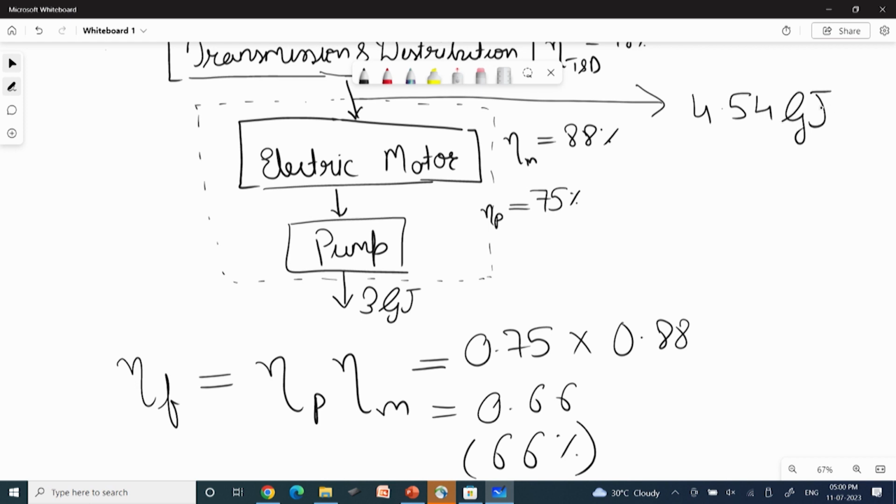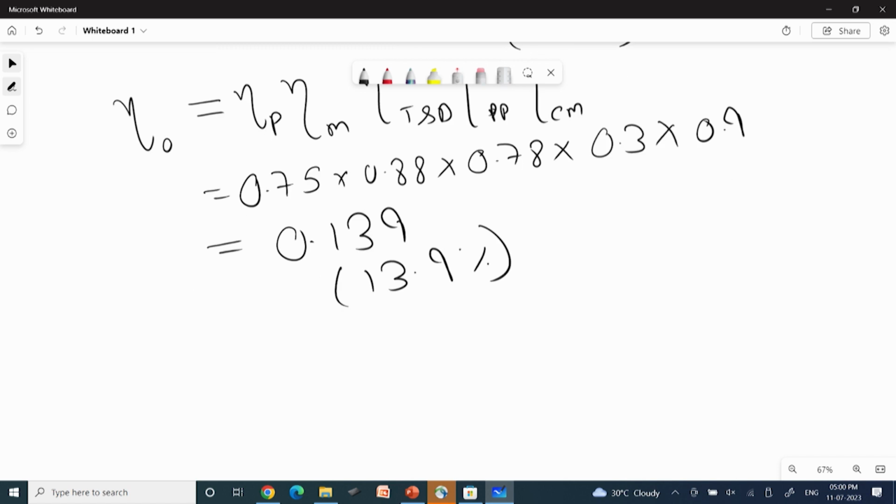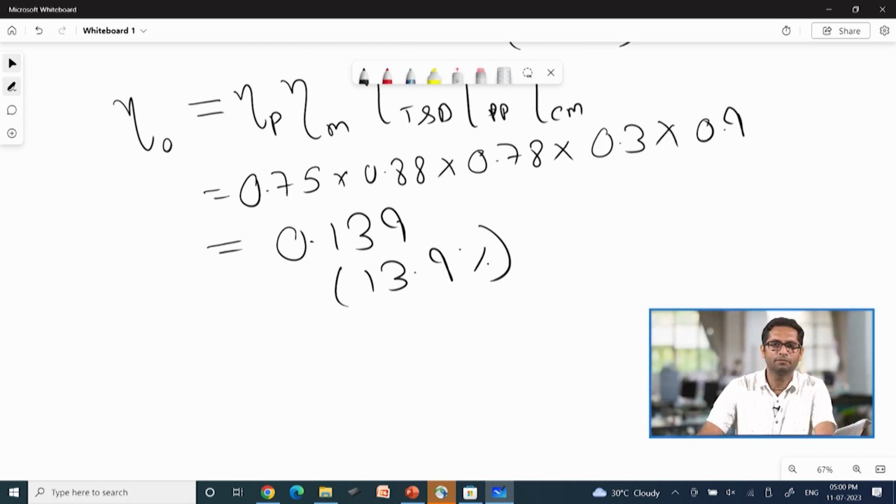You can convert that into kilowatt hours using simple conversion units, and this would come to roughly 1263 kilowatt hours. If you see any urban house, the normal electricity usage is like 200 to 300 units a month. Of course, that depends on your personal usage, and that gives you an idea of the usage in terms of electricity. From a farmer's point of view, this is a fairly efficient system, but the overall efficiency turns out to be not very great.